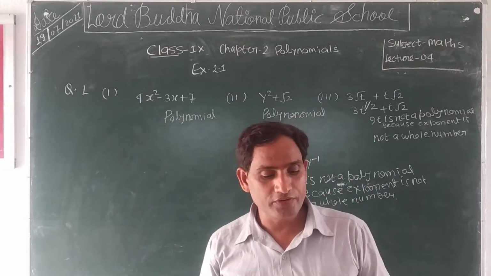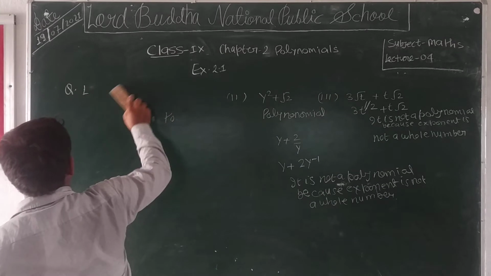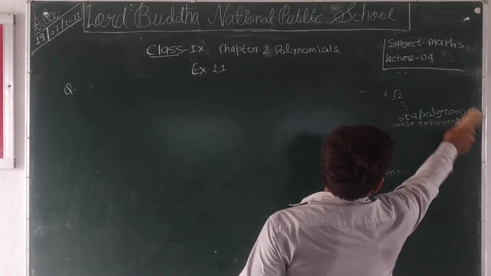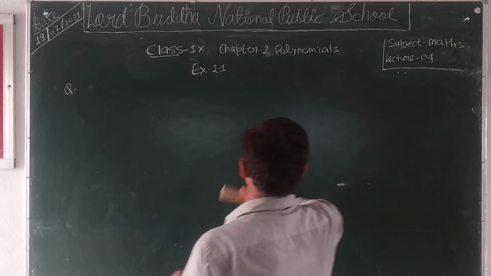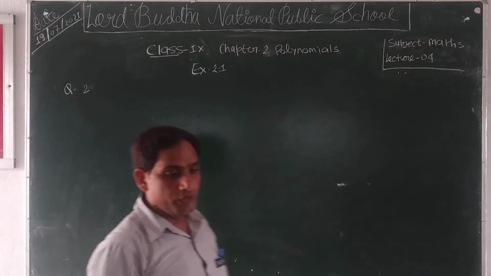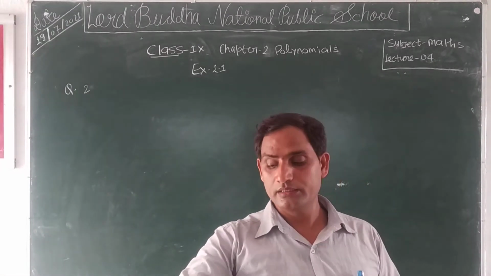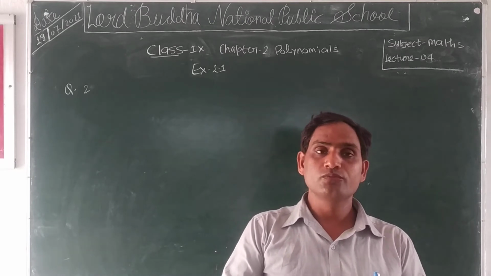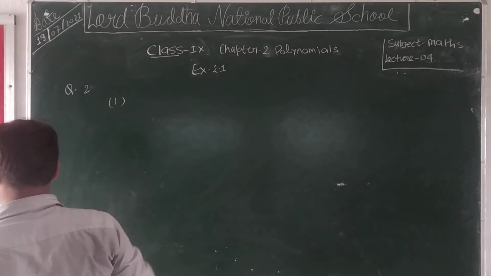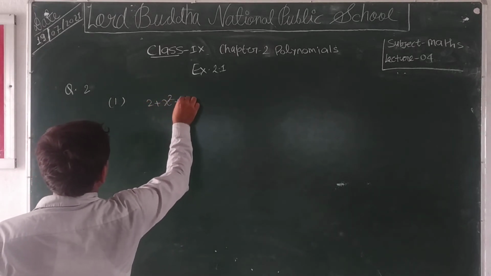Write the coefficient of x square in each of the following. Question second. We have to write the coefficients of x square in each of the following. The first part is 2 plus x square plus x.